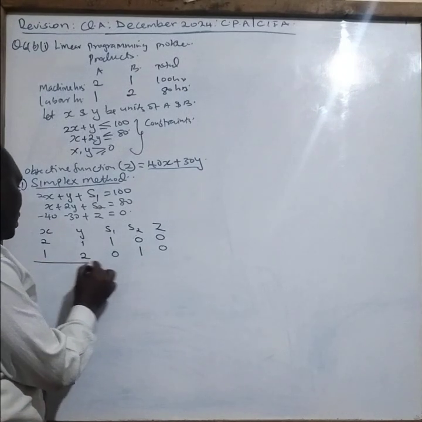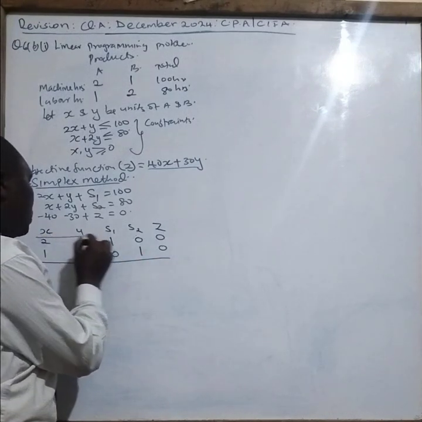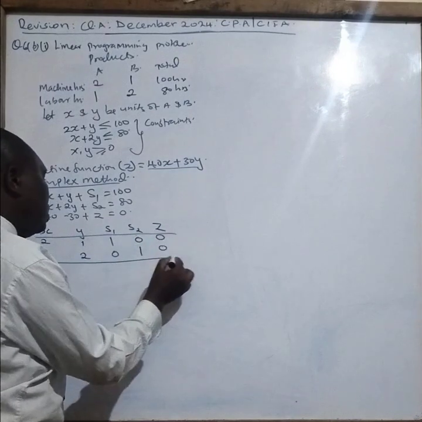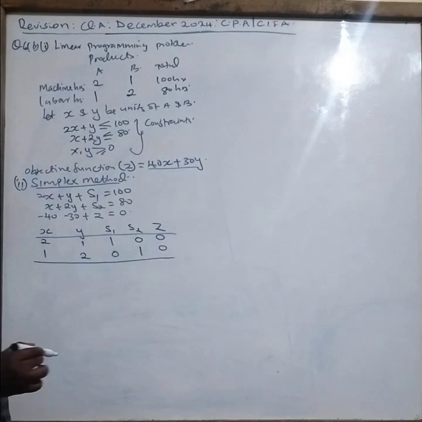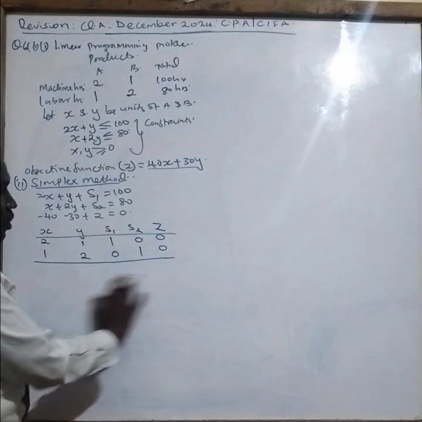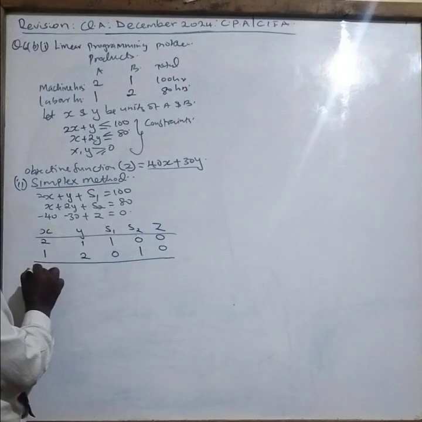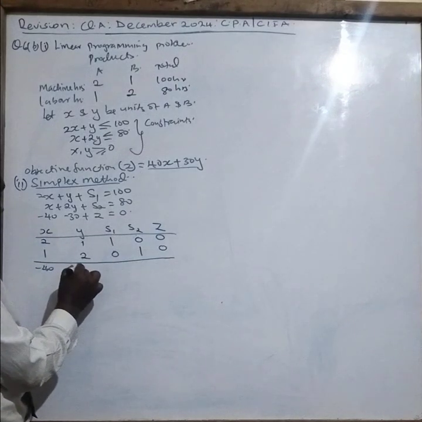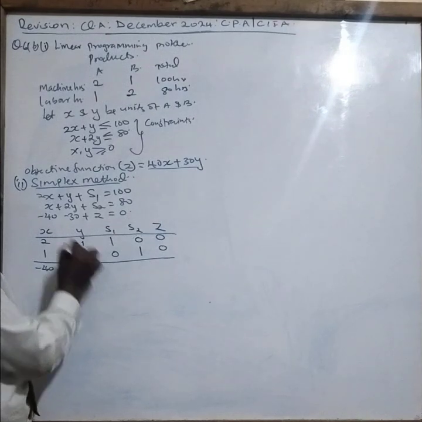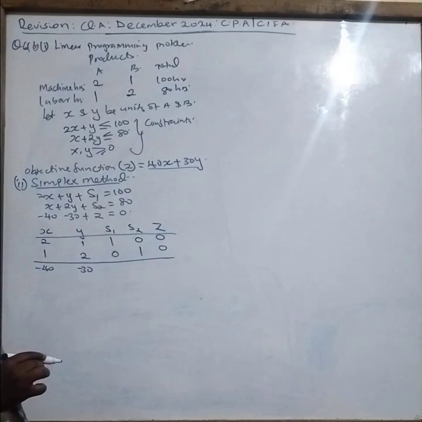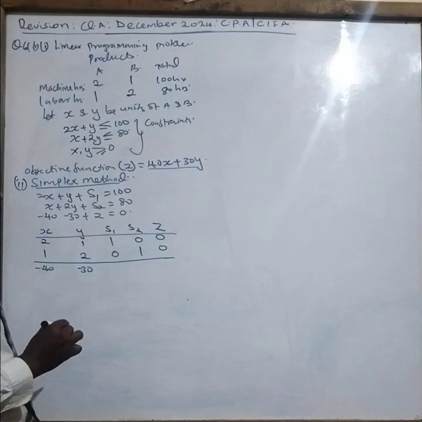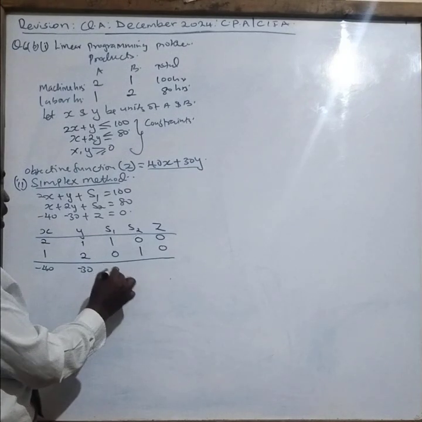Then we say those are constraints. You see how I'm separating them? Then I bring my objective function here, which is negative 40, negative 30. In the third equation, do we have s1? No. s2?